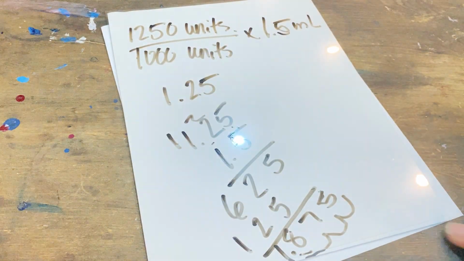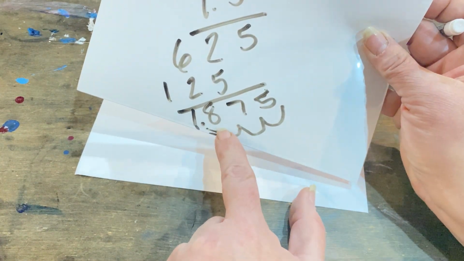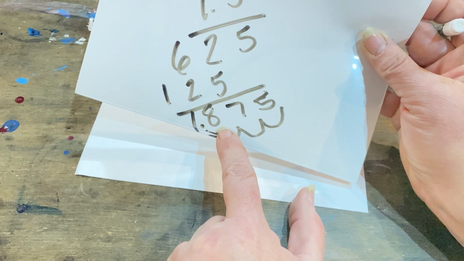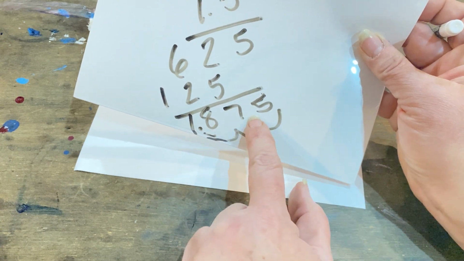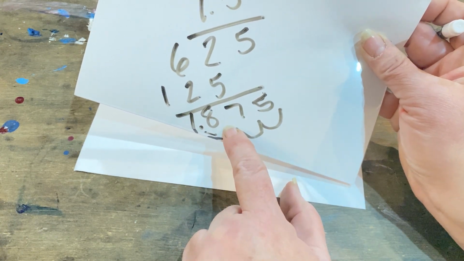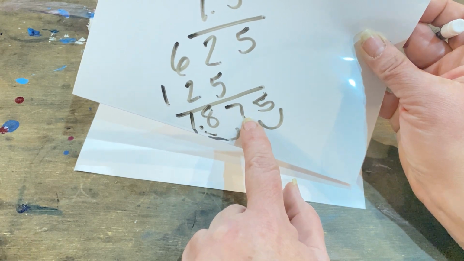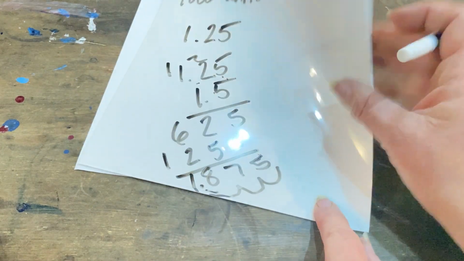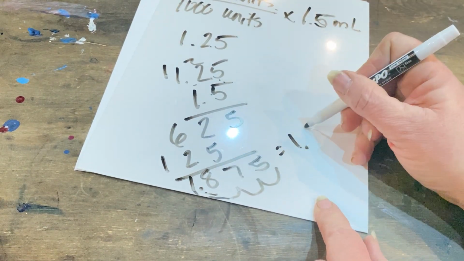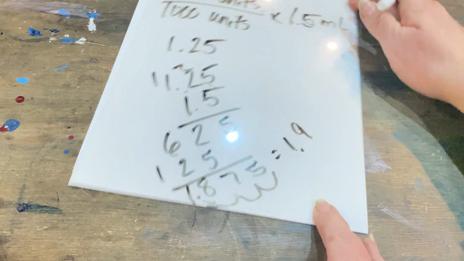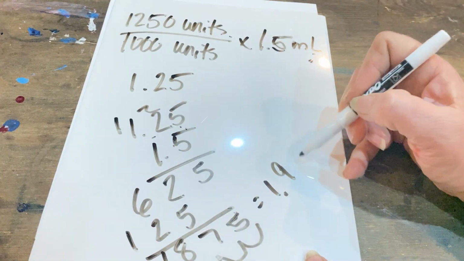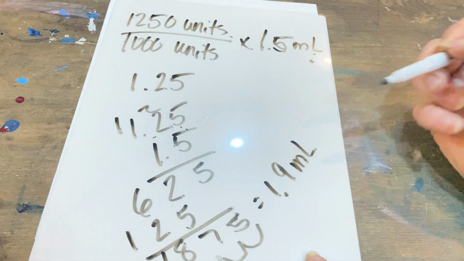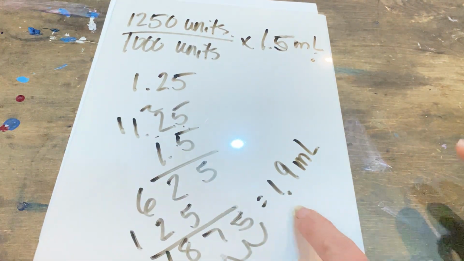And we know that a tenth's place is 1 position behind a decimal. But we have to look at the hundredths to decide if we need to go up 1. And yes, ma'am, indeed we do, because the 7 is more than 5. So that's going to up that to 1.9 what? Whatever you typed right there, mLs. Okay?